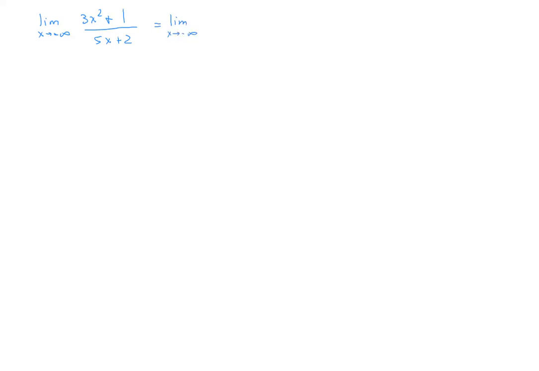So just factor out the largest term from numerator and denominator. So this will give you x squared times 3 plus 1 over x squared divided by x times 5 plus 2 over x. And again, there will be a nice cancellation. So x squared and x simplify to give us an x. And then we have 3 plus 1 over x squared divided by 5 plus 2 over x.